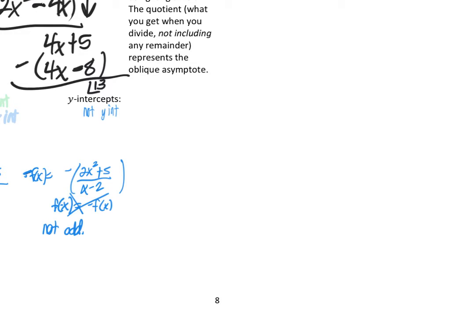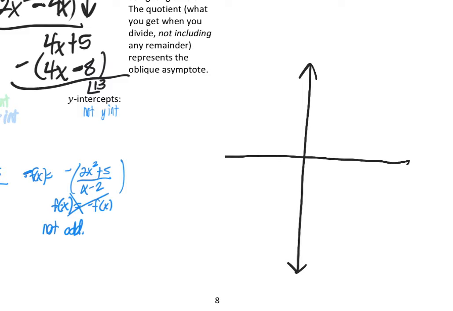And look, this is going to be a little scratchy, so bear with me. I meant to change that to black, okay? There is a vertical asymptote at x equals 2. There is a slant or oblique asymptote at 2x plus 4.